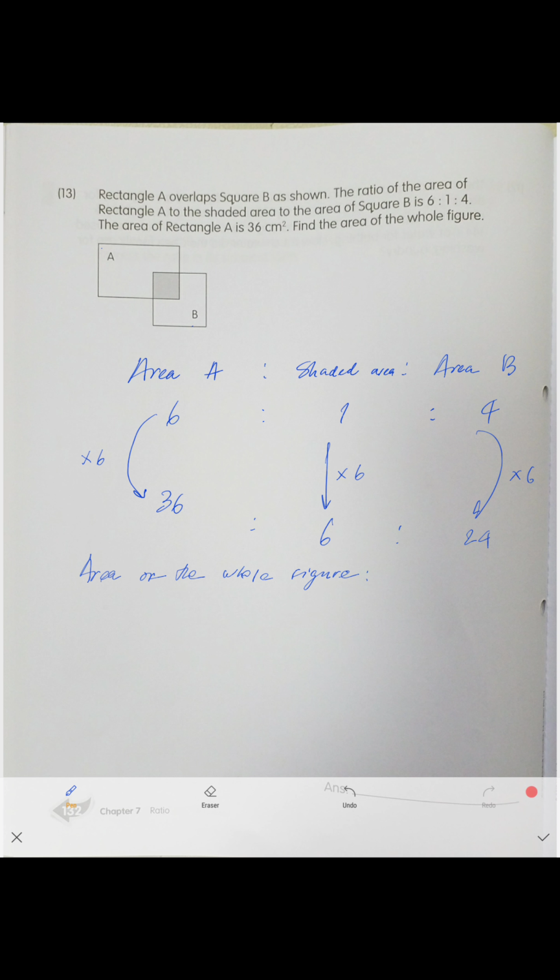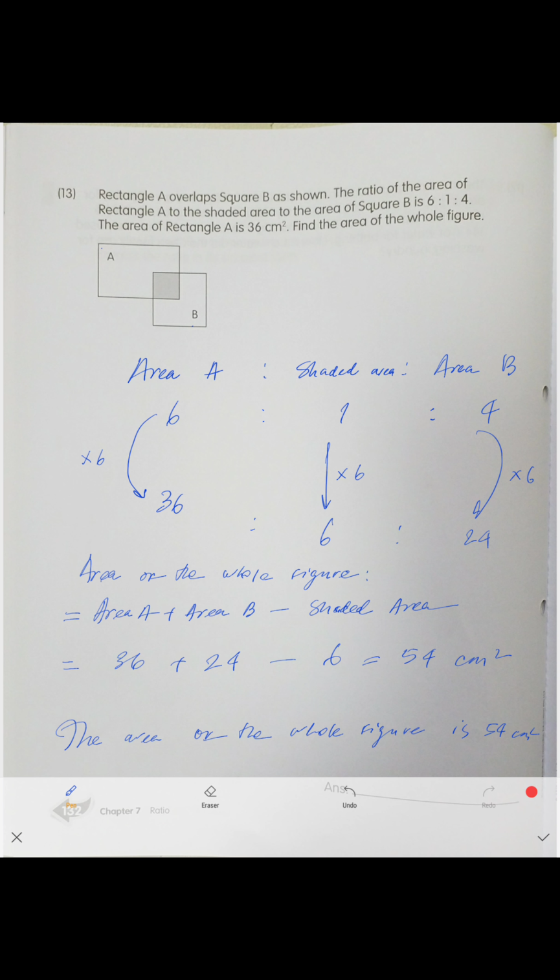So area of the whole figure is area A plus area B minus shaded area, because it overlaps. So this is what we write. Area A is 36, area B is 24, minus 6 is shaded area, 54 square centimeters. That's your answer. The area of the whole figure is 54 square centimeters. That's it.